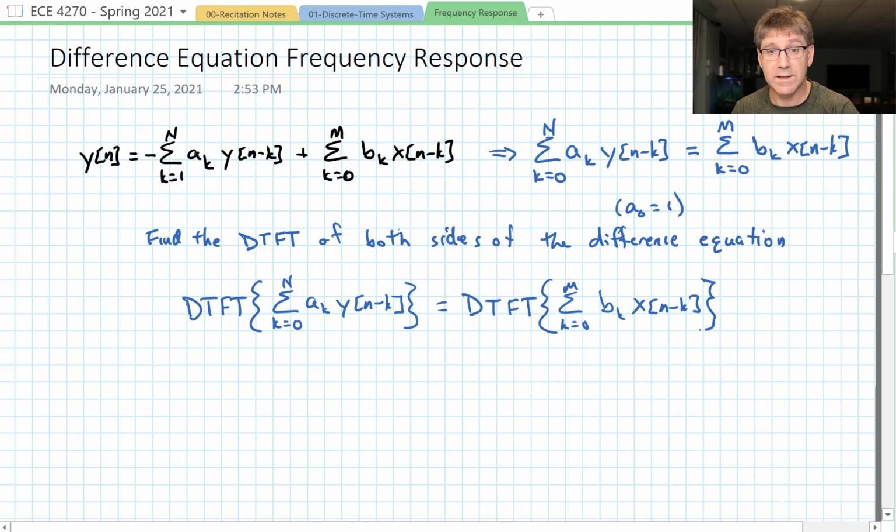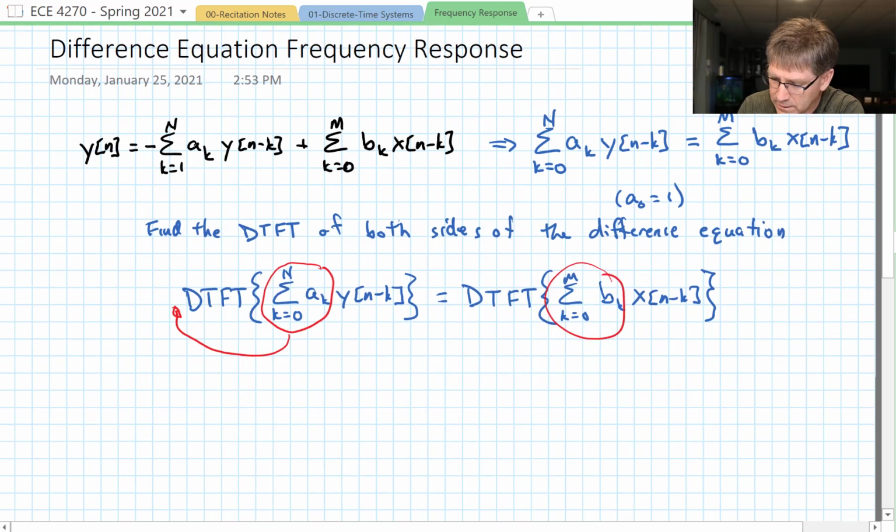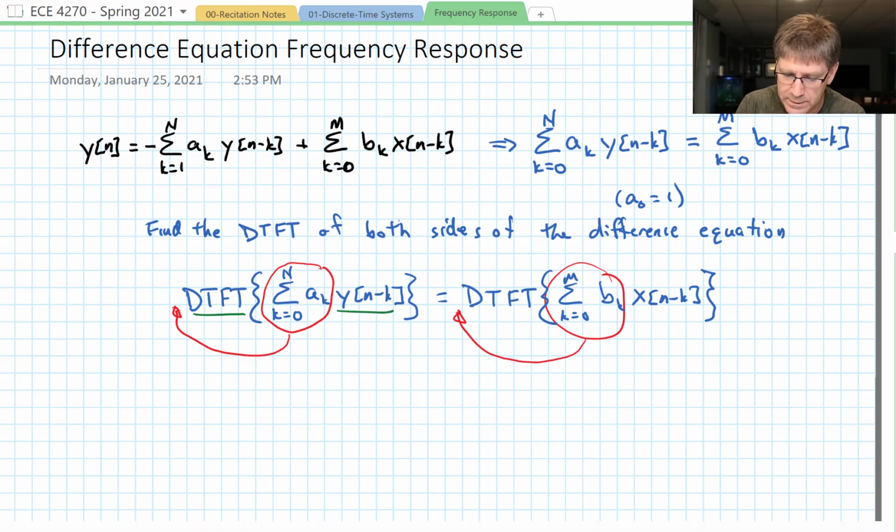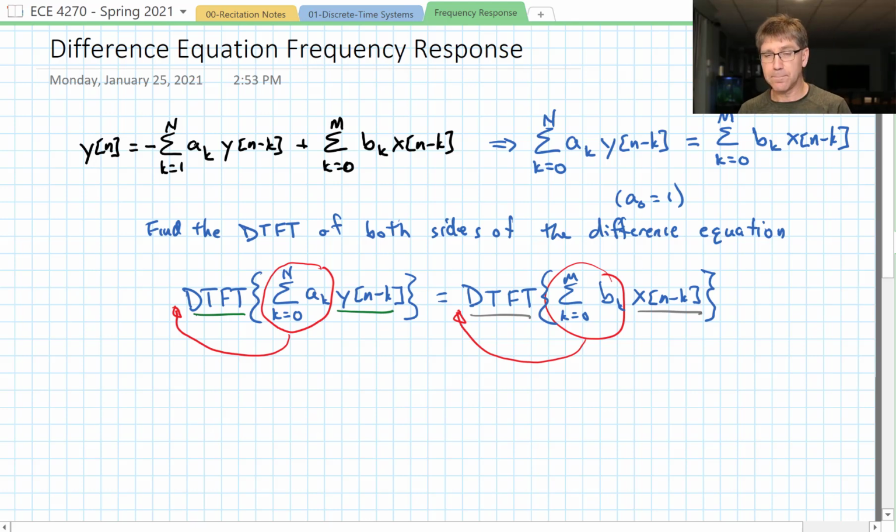As we've discussed before, the DTFT is linear, so we can take the whole sum operation and throw it outside, giving us the DTFT of y of n minus k and the DTFT of x of n minus k.